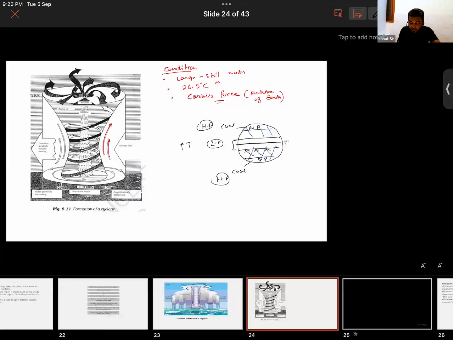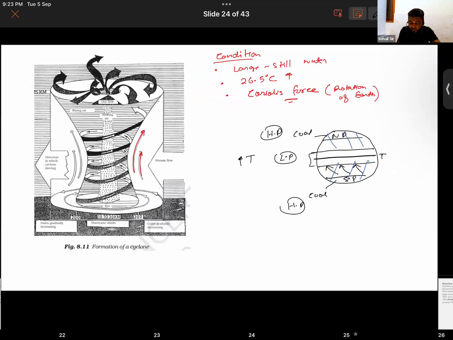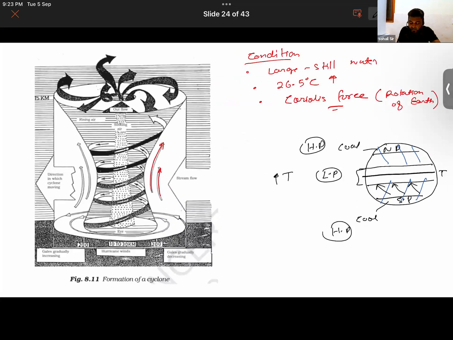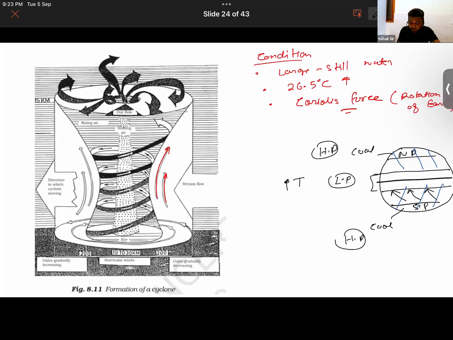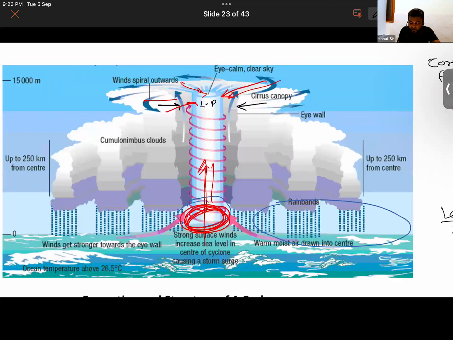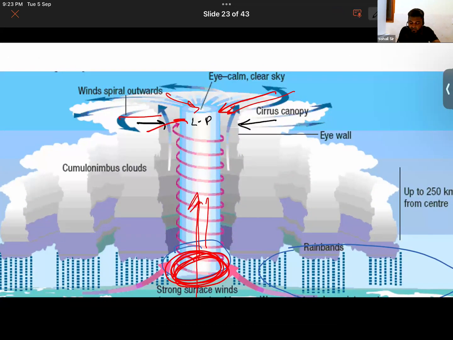Look here. Look at this diagram. Say here the temperature is, let's say, 35 degrees Celsius, and here it is 25 degrees Celsius. Getting it now?